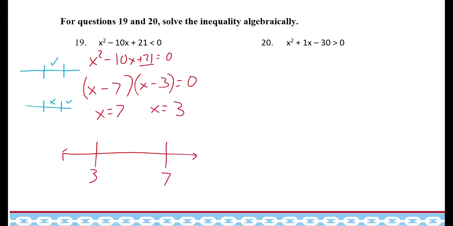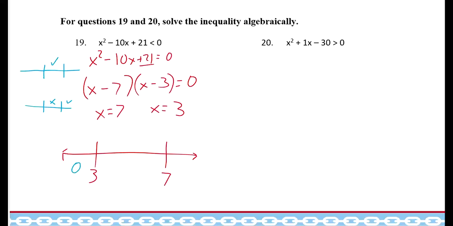So I have invalid here, and I have valid on the outside. Pen does not want to cooperate, the check mark does not want to show up here, but you would get the outside parts of my number line as the valid solution.